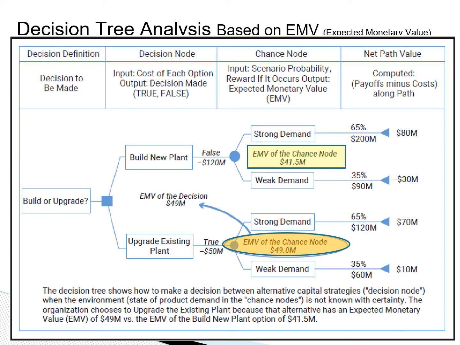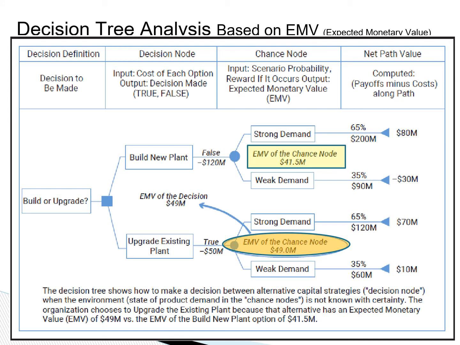So, considering that we give 65% chance to have a strong market and give 35% to have a weak market, then the expected monetary value is 65% times $80 million and 35% times the 30 million. So you add those up, the expected monetary value of building a new plant is $41.5 million.